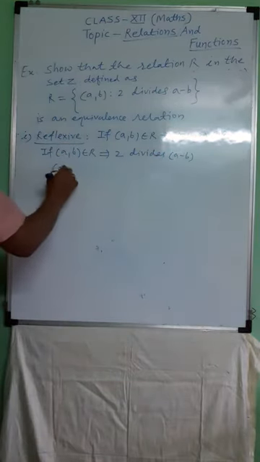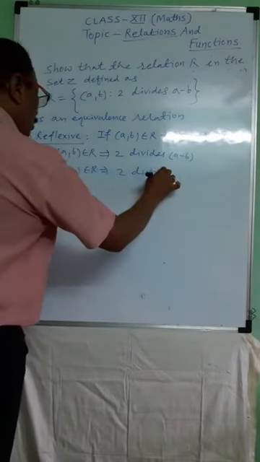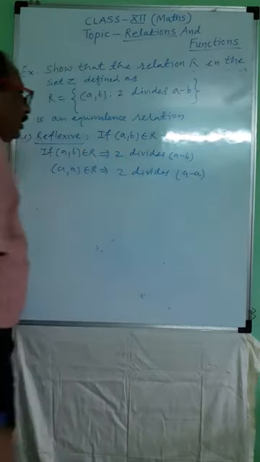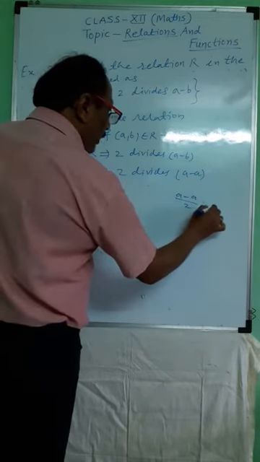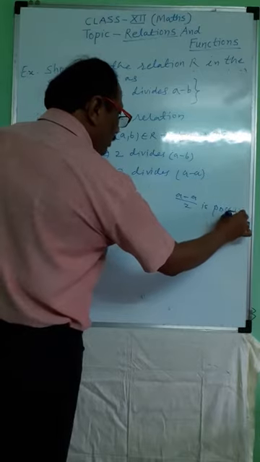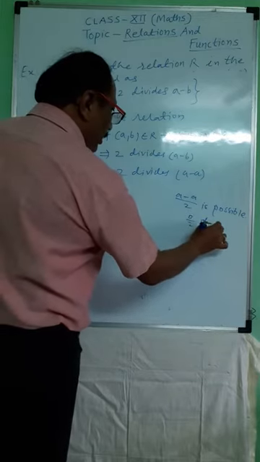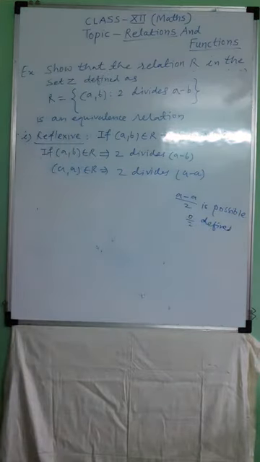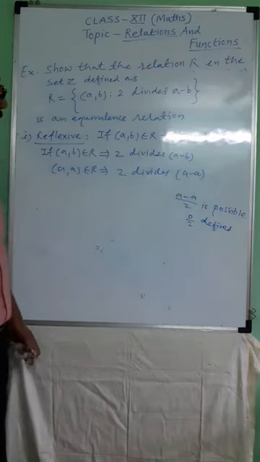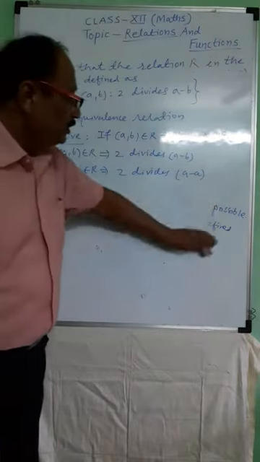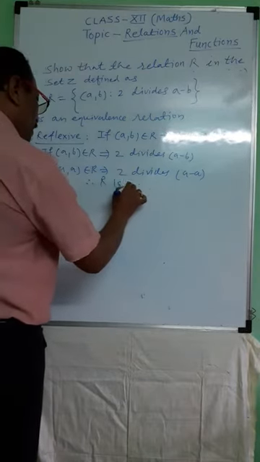Then (a, a) belongs to R means 2 divides a minus a. Is (a minus a) upon 2 defined? Yes, 0 upon 2 is defined. This is always true. Therefore, (a, a) belongs to R, it is true. Therefore, the relation is reflexive.